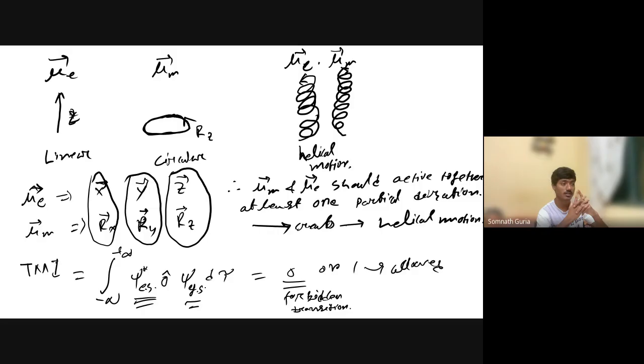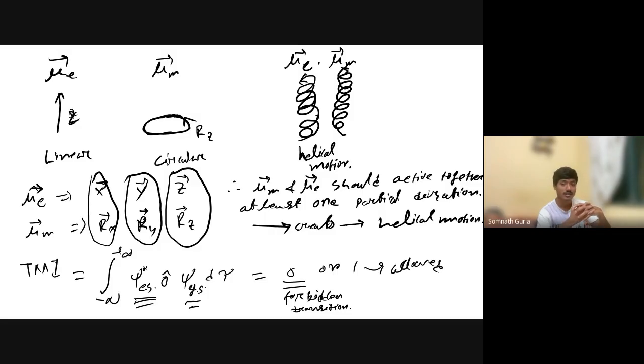Now the question is, we have an asymmetric molecule with a dipole moment and a magnetic moment associated with it. But an achiral molecule is a symmetric one. It also has another dipole moment, which is opposite to it, so they can cancel each other.